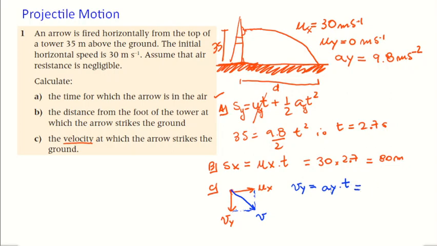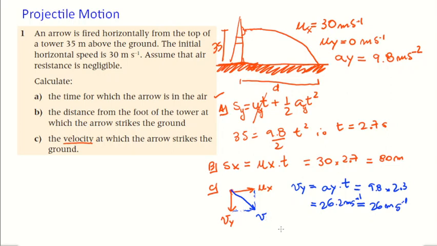Acceleration 9.8 and time 2.3, so this should be 26.2 meters per second, which is 26 meters per second to two significant figures. Okay, so this is the vertical component of our velocity.